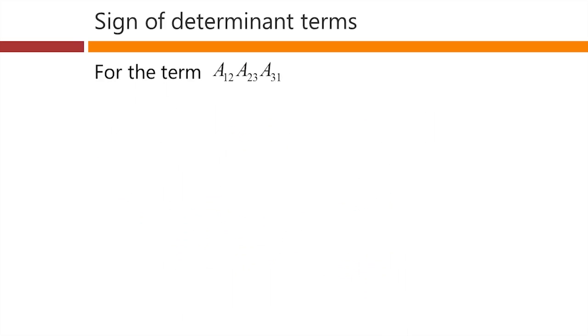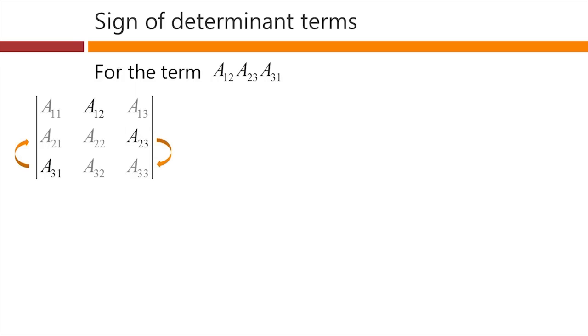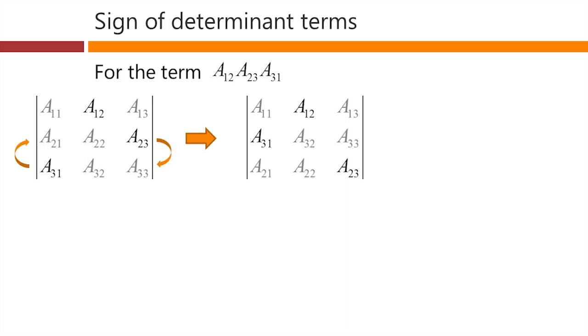On the other hand, for this term here, it is before we do any row swaps. We've got one of our elements here, one of them here, and one of them here. If we swap these two rows round, then we get the determinant into this form. But that still does not have all the elements down the leading diagonal.